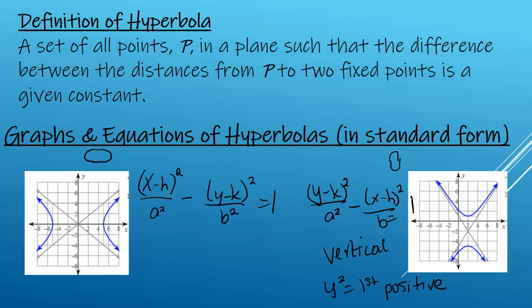And that's the similar set for our horizontal ellipse. We have to have the x squared term to be first as well as being the positive term, and again our a squared is under that very first term.